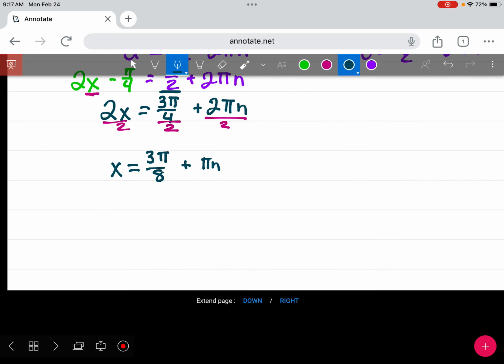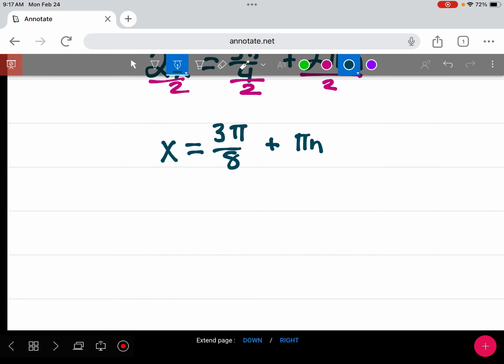So specifically, our values that are going to work here, and if it helps, you can write them with common denominators, where we have our 3 pi over 8 plus 8 pi n over 8.